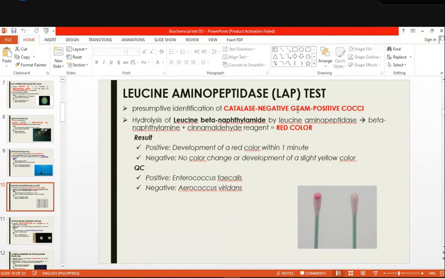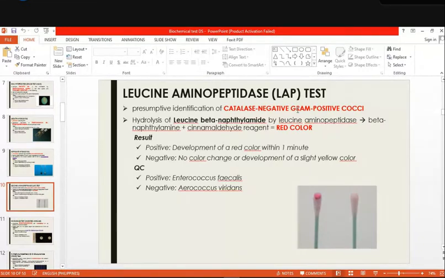Gram positive cocci, you do a catalase test. Ma'am, catalase positive yung staphylococcus. Okay. Catalase negative yung streptococcus. Okay.